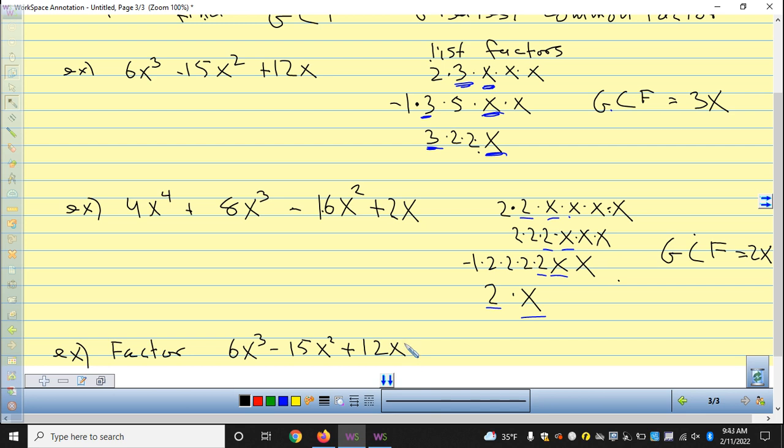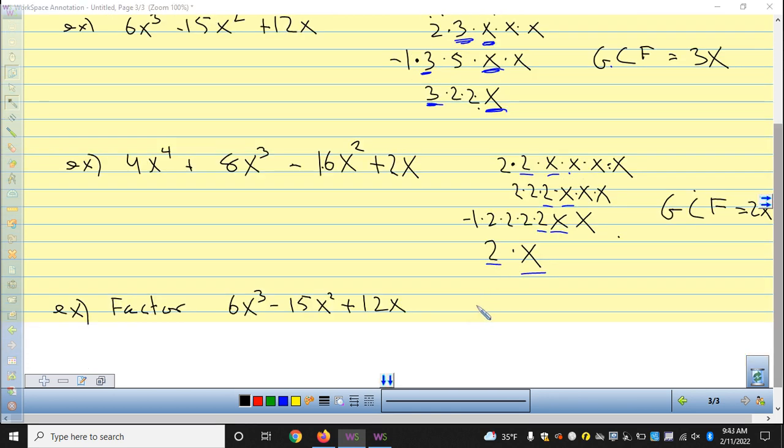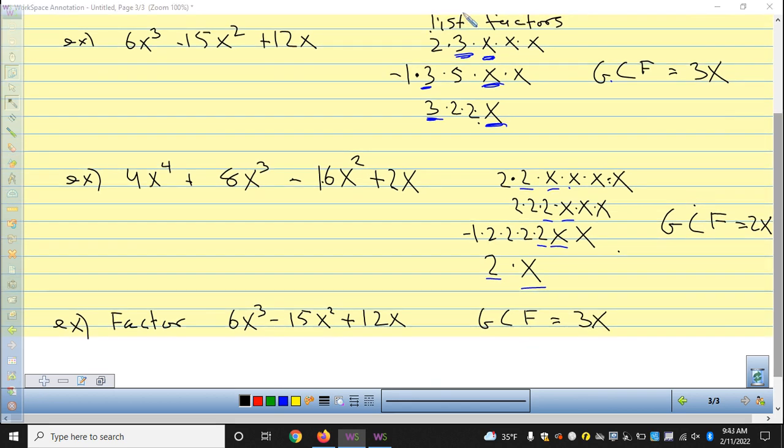What factor means is take out the GCF, and then we're going to multiply that by everything that's left. So we know the GCF, the greatest common factor, is 3x. And we found that here. So we're going to put that out front. This is going to be 3x times.